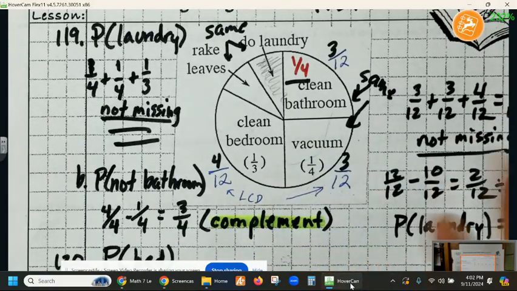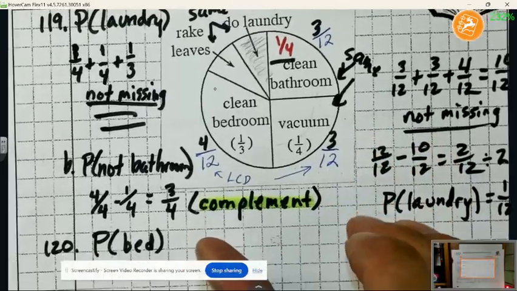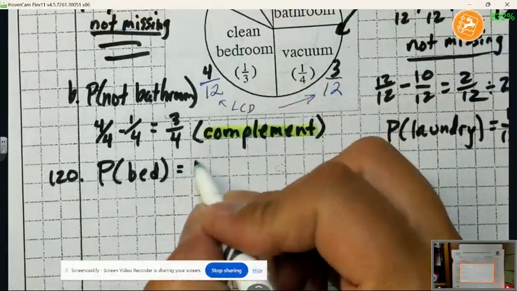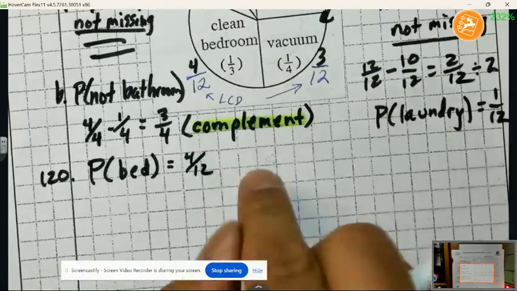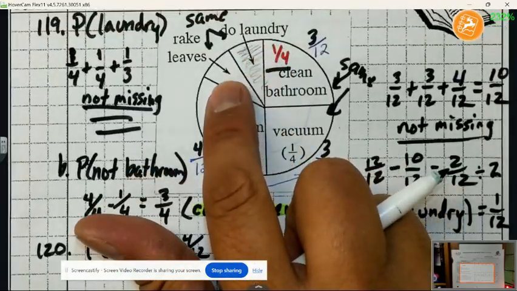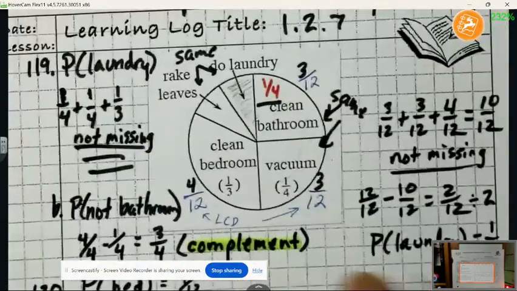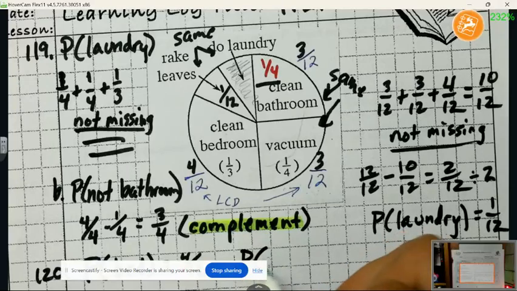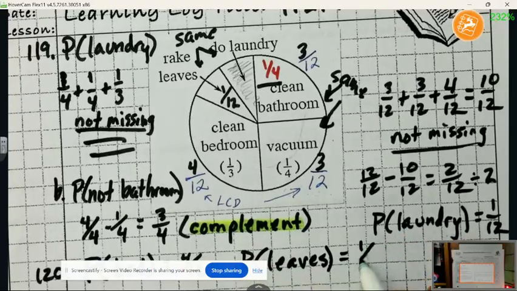But since we know we're going to combine these, let's put 4/12. So 4/12 is the probability of bedroom. And since we already found out the laundry is 1/12, we know that raking leaves is also 1/12. So we're going to put the probability of leaves is 1/12.